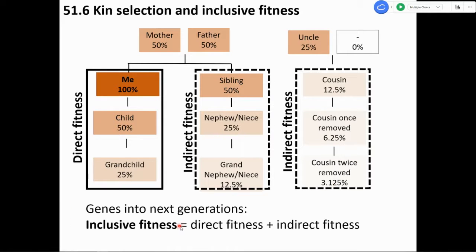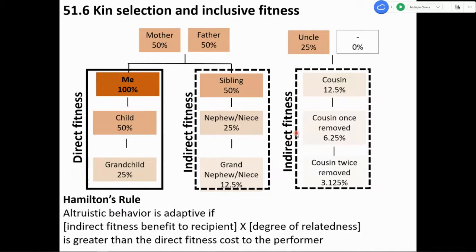And so my genes into the next generation include my inclusive fitness, which is this box here, my direct descendants, but also my indirect fitness, the genes that are being passed on through other relatives with whom I share some of those genes. Part of the theory is based around Hamilton's rule, which states that altruistic behavior is adaptive, in other words beneficial, if the indirect fitness benefit to a recipient times my degree of relatedness is greater than the direct fitness cost to me.